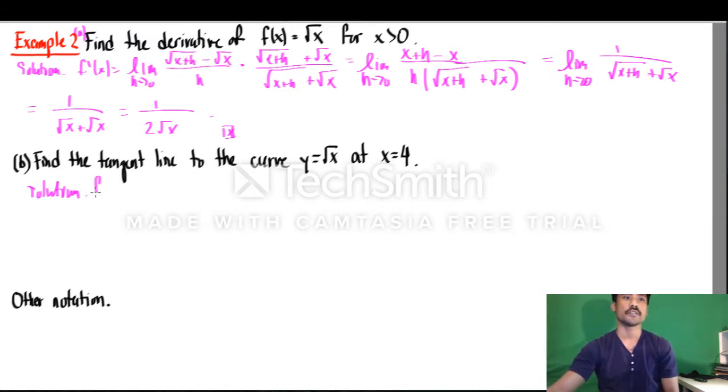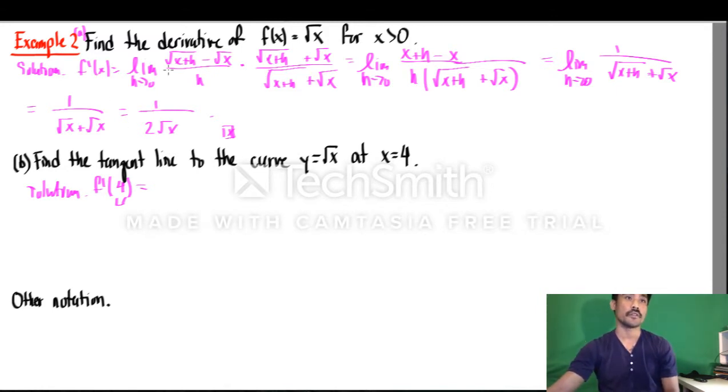So this f prime evaluated at 4, because the derivative is a function and the thing that lives in there is a positive number. It lives in its domain.